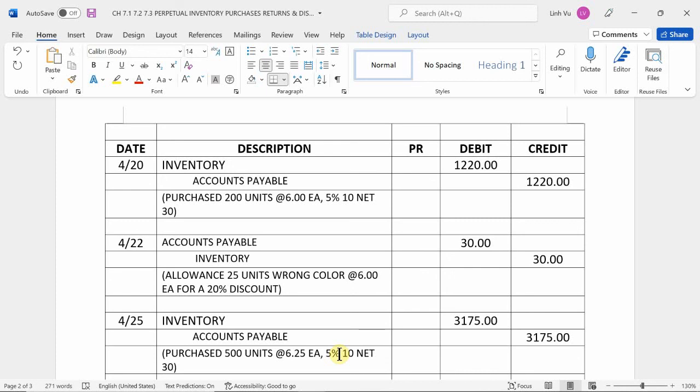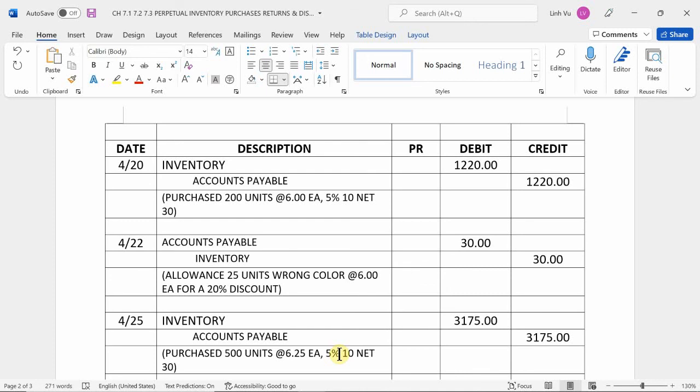Now here's the difference though. I owe $1,190. How much of that can I actually discount? Because don't forget, we originally purchased it at $1,220, and I ended up getting 30 of those dollars refunded back. So with the 5%, which amount can I actually discount?